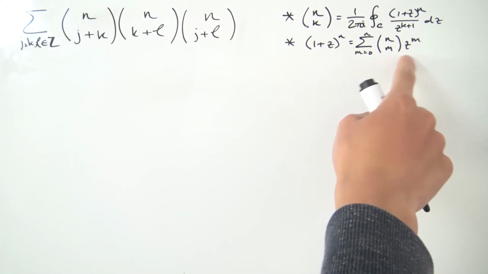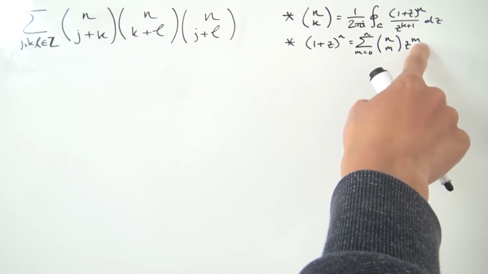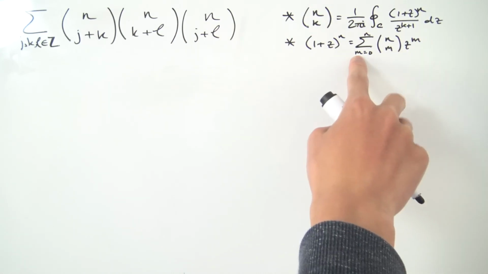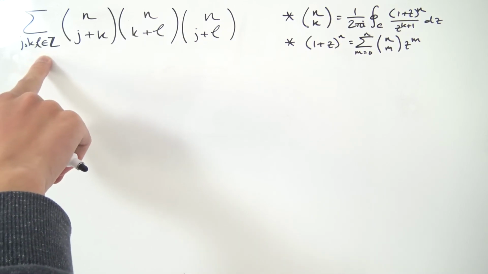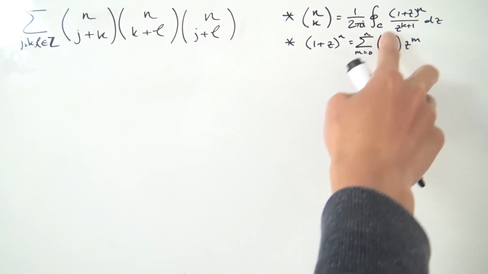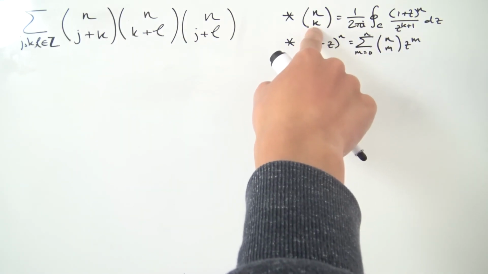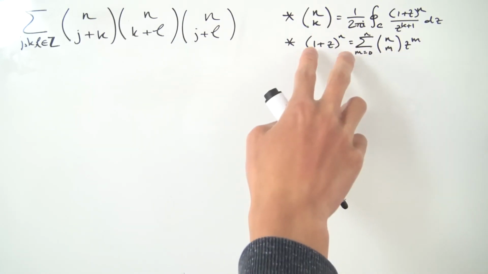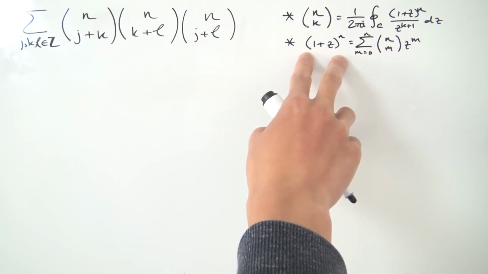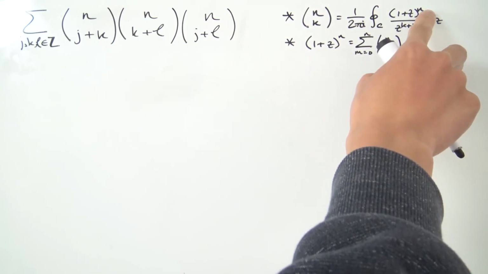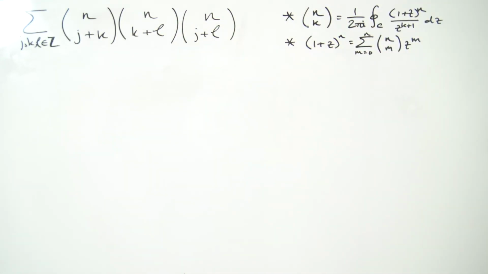We're going to try to force some z raised to some power, and then we're still going to have these sums from various places, and we're going to use these leftover binomial coefficients to turn all this back into (1 plus z) to the n. And this nicely matches up with what we have in the contour integral, so more nice simplifications will happen there as well.